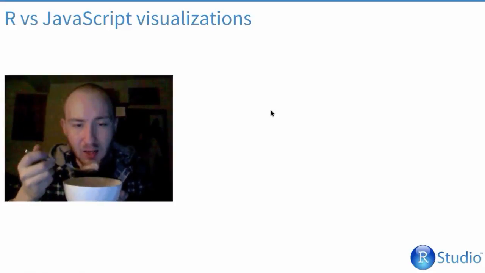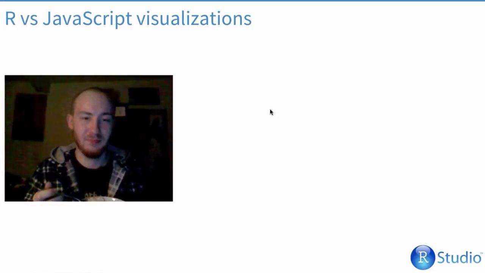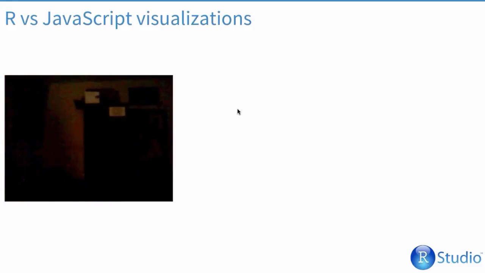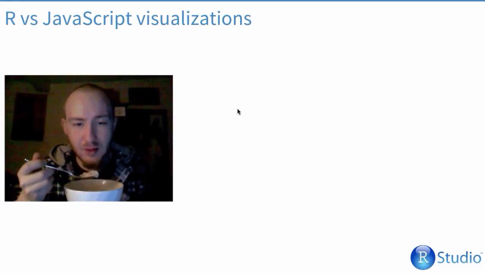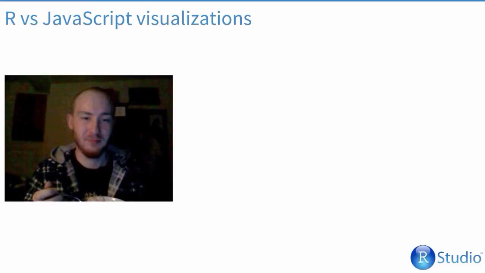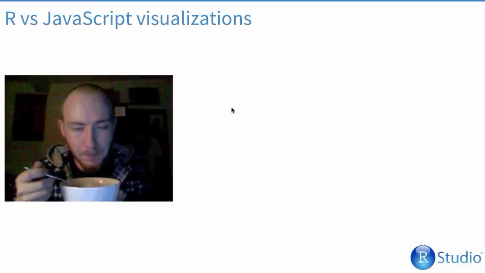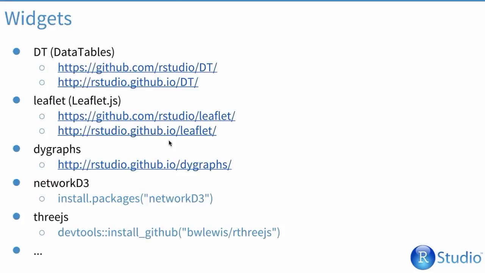Just one last comment on R versus JavaScript visualization. The main drawback of normal R graphics is that they are not interactive. Once it's drawn, it's drawn. There's nothing else you can do with it. But as the examples that I showed you, in these packages, the widgets are highly interactive.